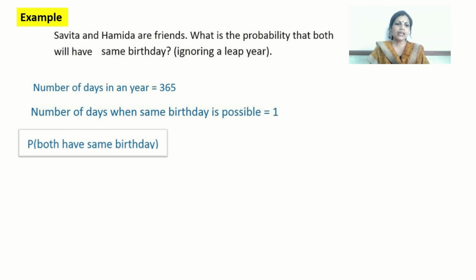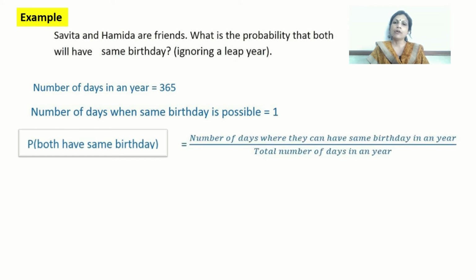So probability that both will have the same birthday is equal to number of days where they can have same birthday in a year, and that is only 1, divided by total number of days in the year. So we'll write that 1 upon 365, and this is the probability that they will have same birthday.